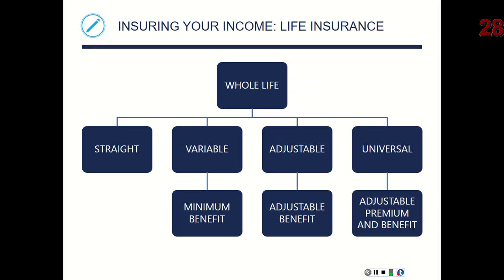Whereas whole life's a little different when you're paying into a whole life policy. You've got various benefits there, and you've got a cash replacement value that you can take at any time that you'd like. We've got different forms of a whole life policy. A variable life policy has you set up for a minimum death benefit. You're guaranteed to get whatever that set amount is.